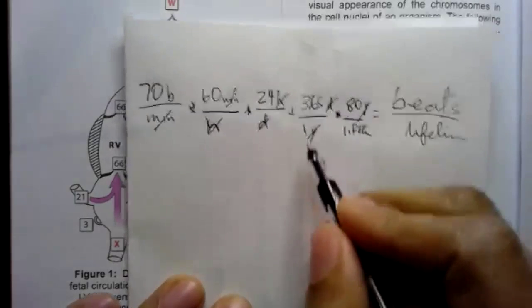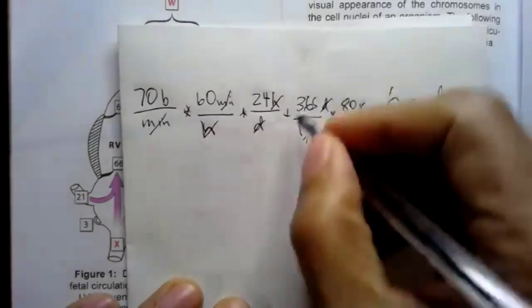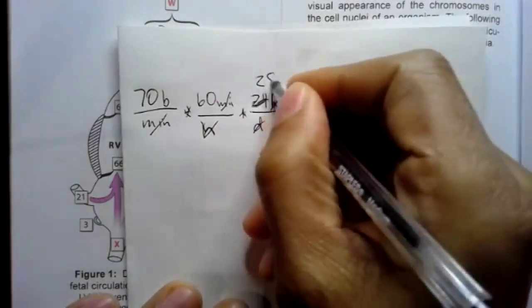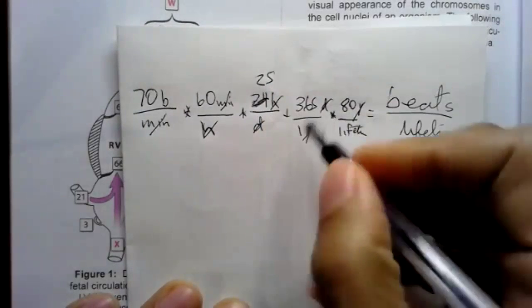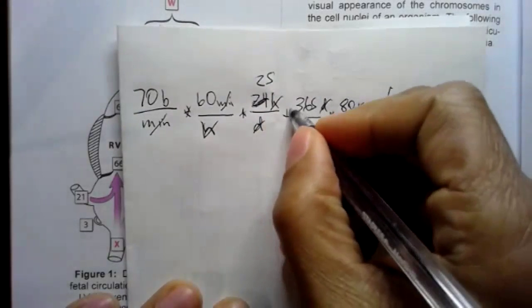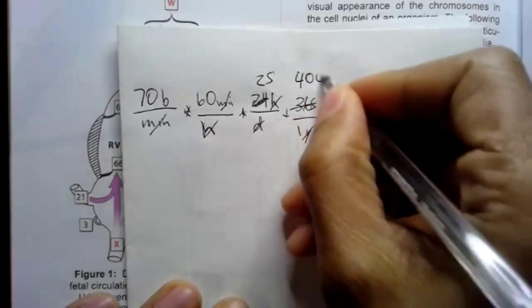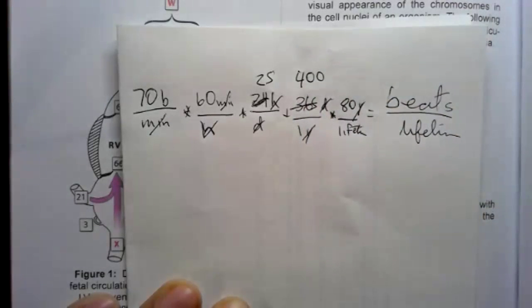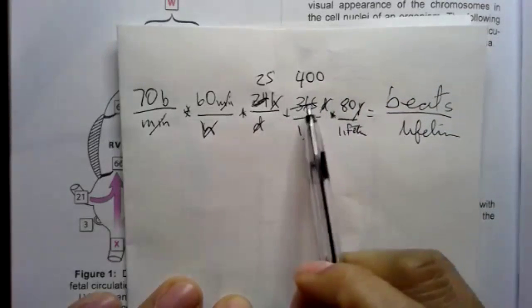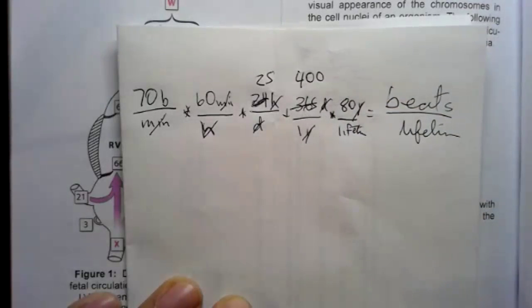Okay, so now I'm in the zone of approximation. This 24, I'm going to say is 25 because that's easier to work with. This 365, I'm going to say is 400. Again, it's easier to work with. And remember, 100 times different. It's not as if I'm increasing this by 100 times or even 10 times. I'm increasing it by a relatively small percentage compared to what the answer choices are like.